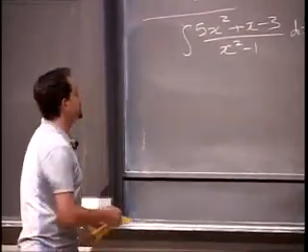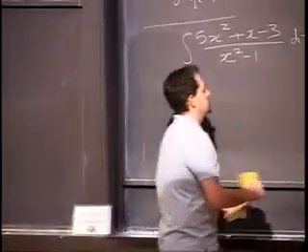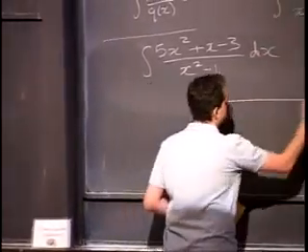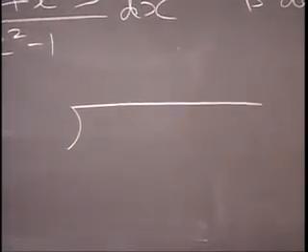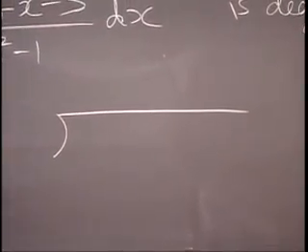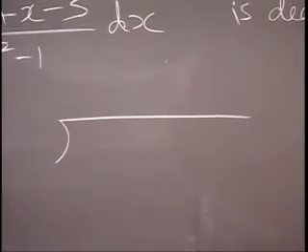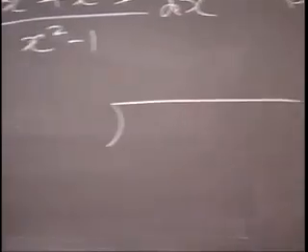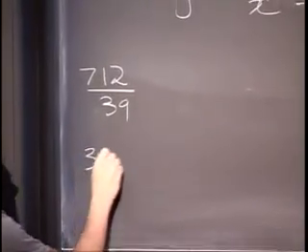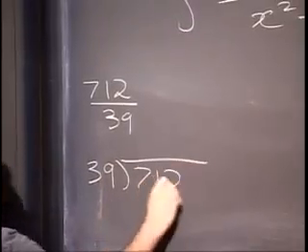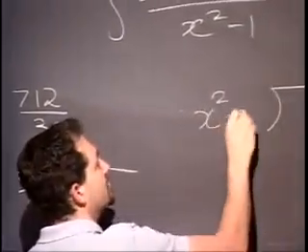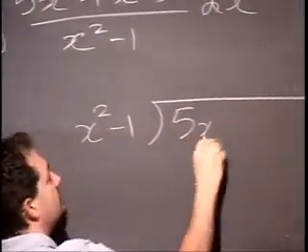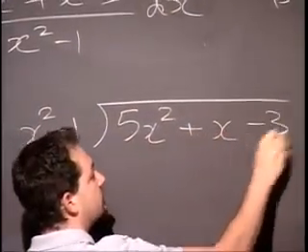So how do you do it? Well, whenever you do a long division, imagine you wanted to do something like 712 divided by 39. You'd say, how many times does 39 go into 712? Here we want to know how many times does x squared minus 1 go into 5x squared plus x minus 3.